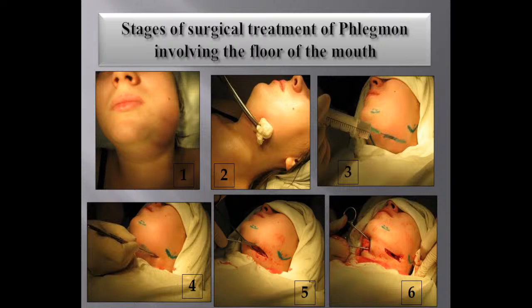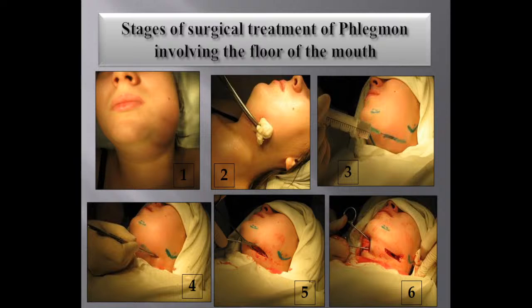And on these photos you can see the stages of abscess treatment, or operation of drainage of abscess. The first photo shows us the clinical picture before the surgical treatment, and we can see phlegmon of the floor of the mouth. Phlegmon or purulent cellulitis, as you can understand.